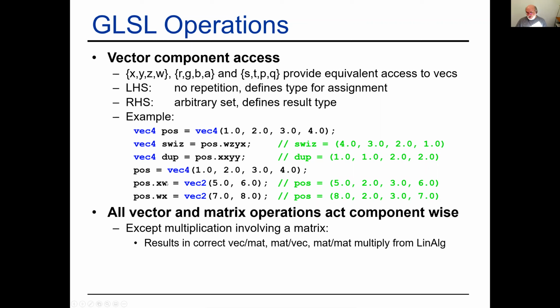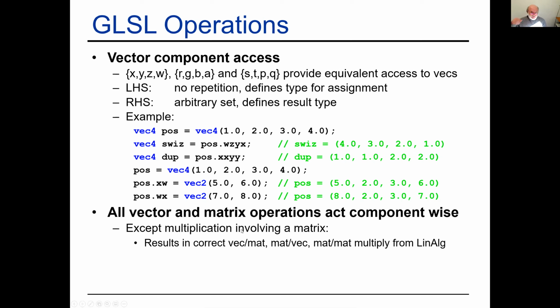Yes, you can also write to individual components here. pos.xw means leave the entire vector alone and only change xw. And again, you can specify which values from the vector on the right-hand side should go where on the left-hand side. So you can also swizzle while assigning to a vector.